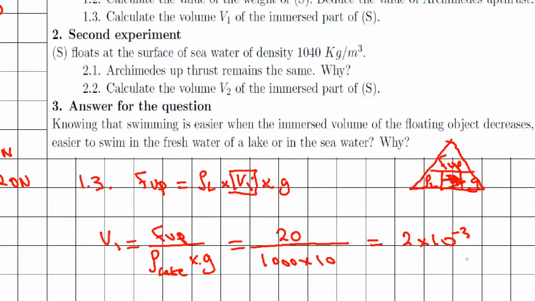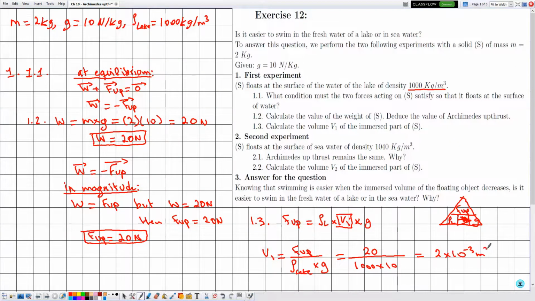Since everything is in the SI, the volume V1 is expressed in cubic meters. So the volume of the immersed part when the solid S is immersed in the lake is 2 times 10 to the power minus 3 cubic meters.